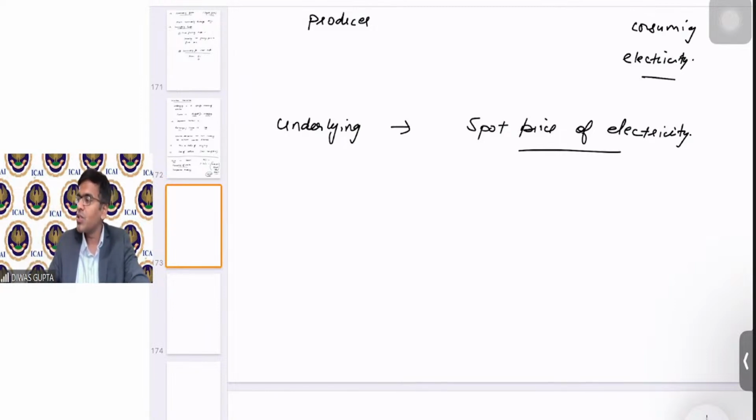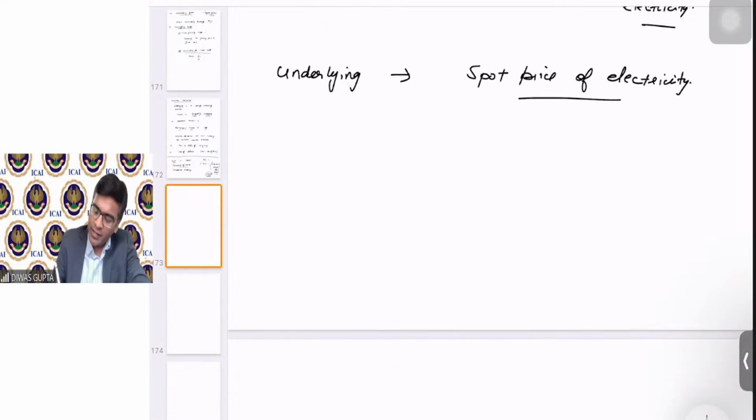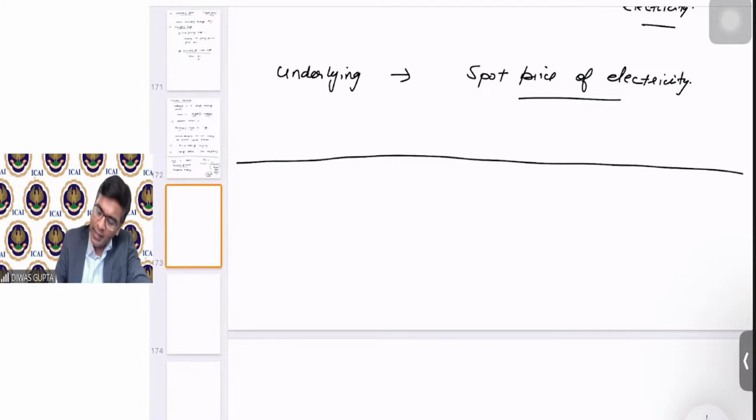Only one thing which I need to discuss here is electricity swaps, because this might be a new thing that, as an analogy, was not discussed earlier. So electricity swaps.